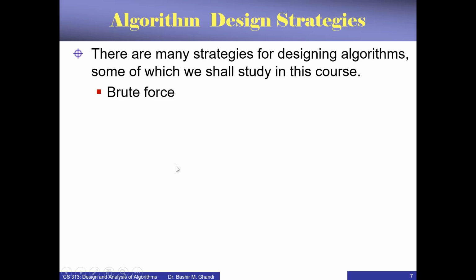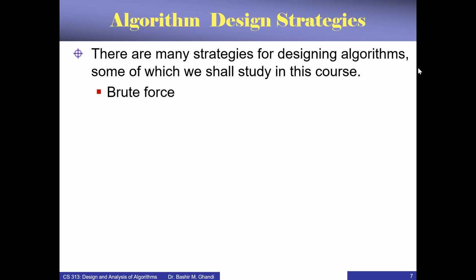You have what is called brute force. This is the worst kind of algorithm that you can come up with. Basically the one that tries to solve a problem using trial and error by trying to check all possibilities. Sometimes that is the best you can do.